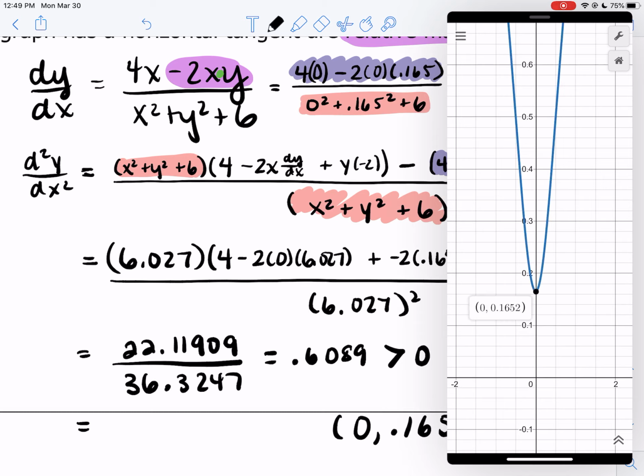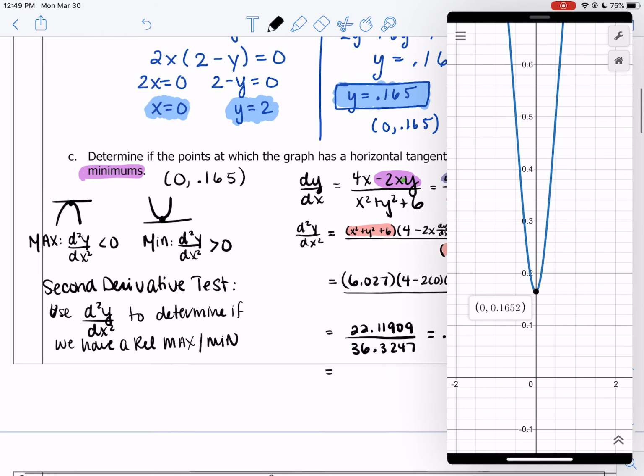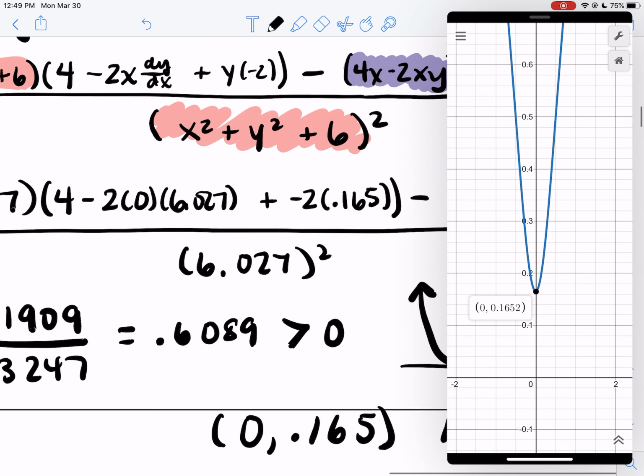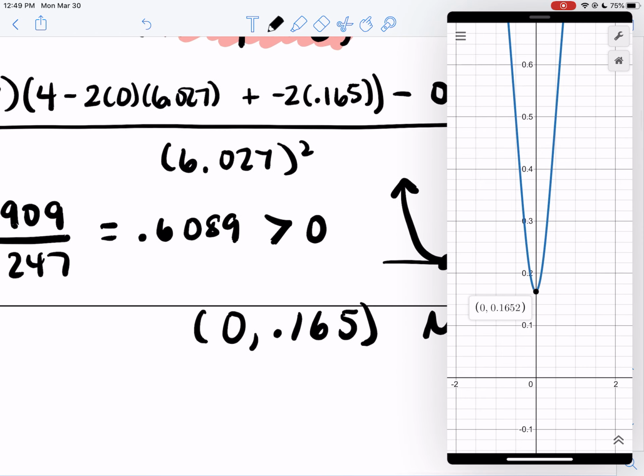That coordinate is right at 0.1652. In fact, the point that you have there, which has a horizontal tangent, is also a minimum. So it actually makes sense that what we justified here on Notability, having a minimum at that point because our graph is concave up, is absolutely justified.